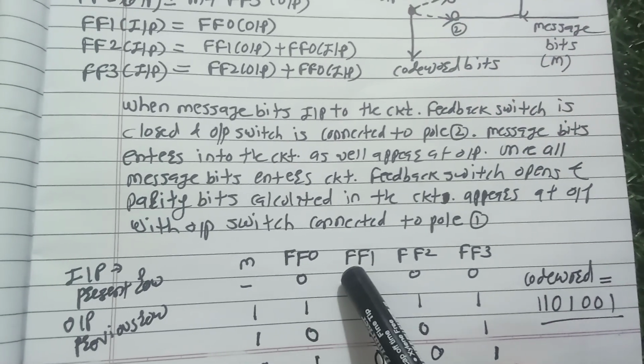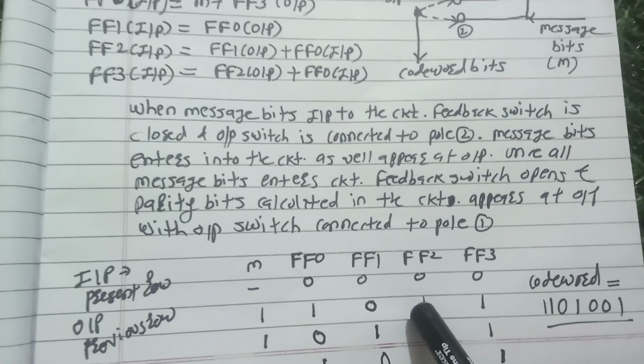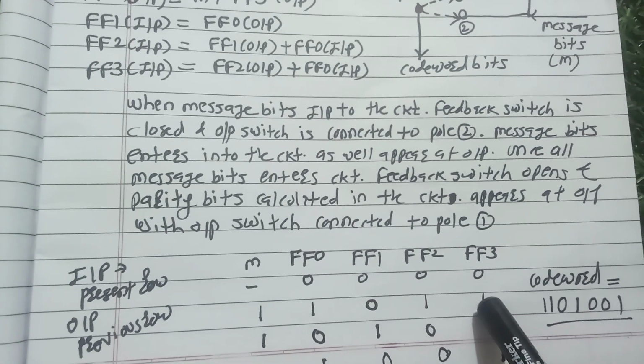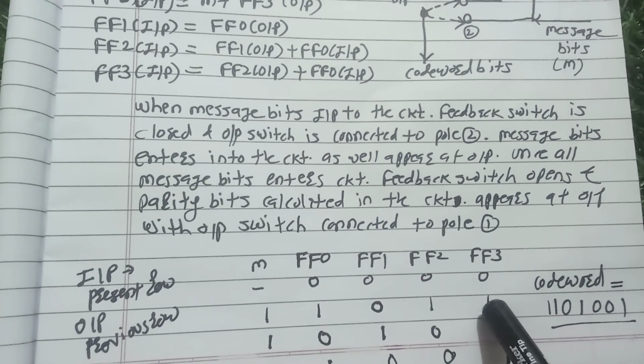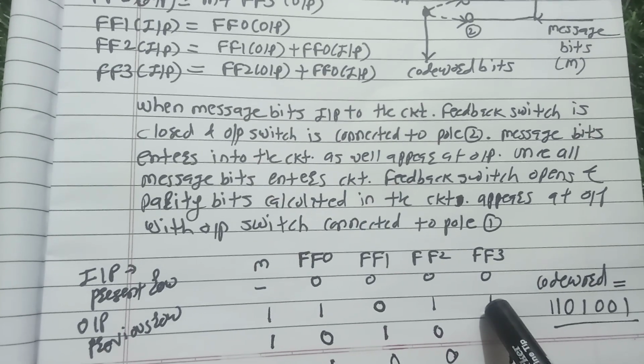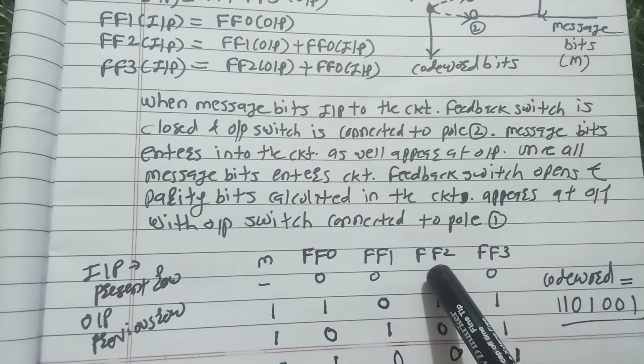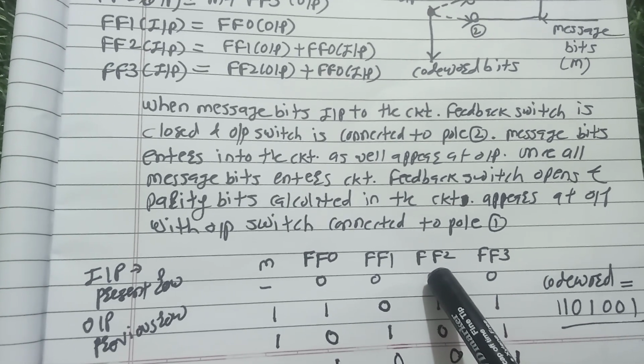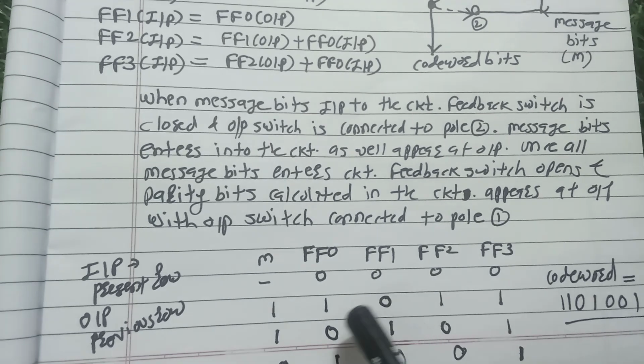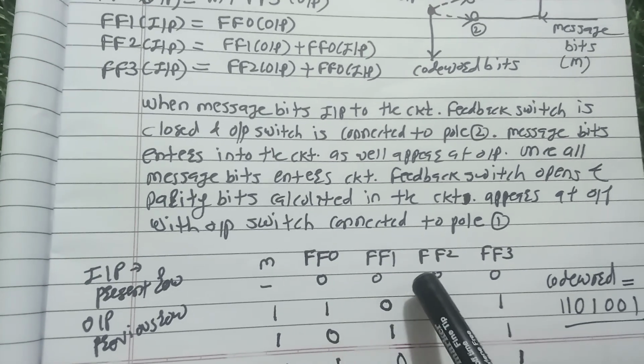So 1 plus 0, 1. What is flip-flop 3 input? Flip-flop 3 input is flip-flop 2 output, this one, plus flip-flop 0 input. So 1 plus 0, 1.